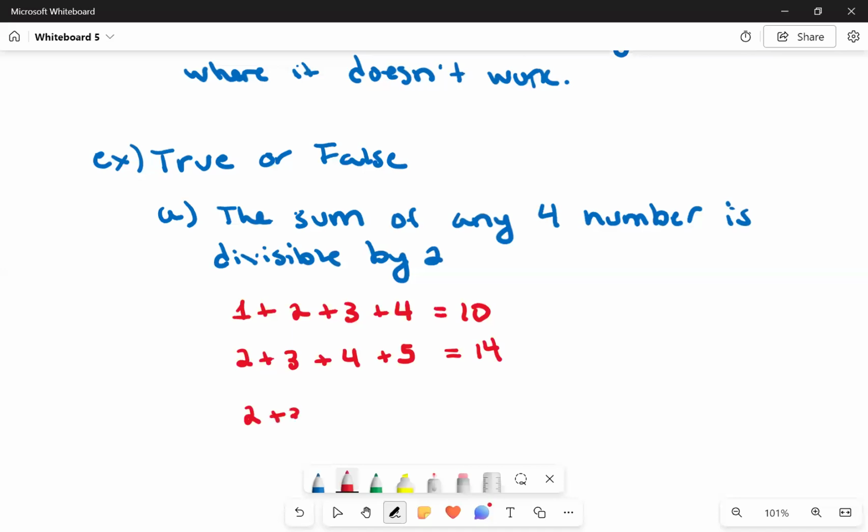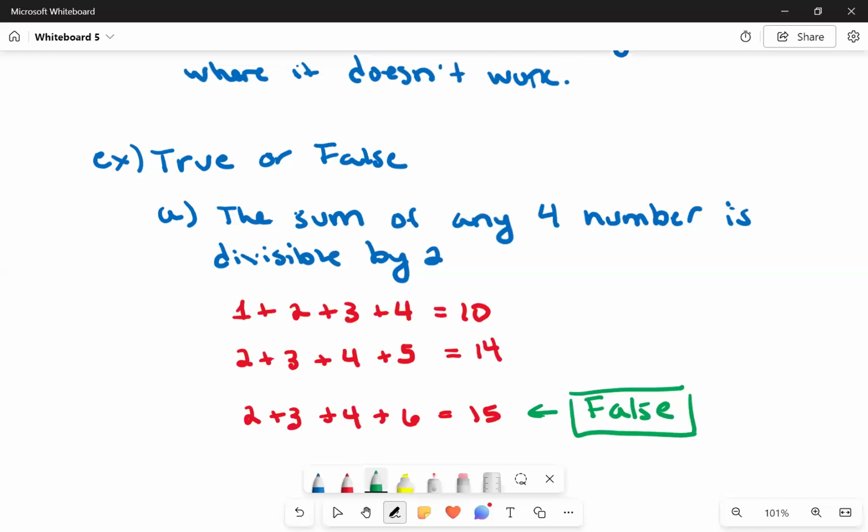In order to make sure it doesn't add up to an even number, if I added 6 instead of 5, that'll give me 15. Aha, that's a problem. So in this case, it didn't work because I used consecutive numbers and I didn't need to. It was false. Any 4 numbers being divisible by 2? Not true.